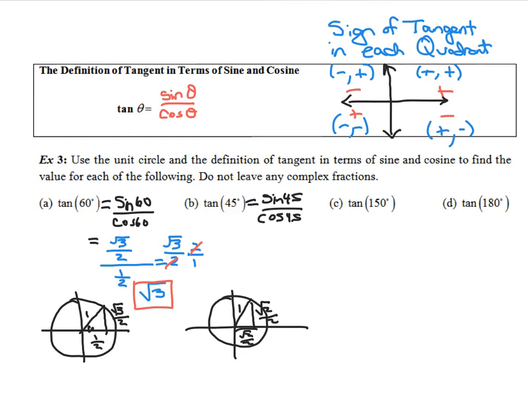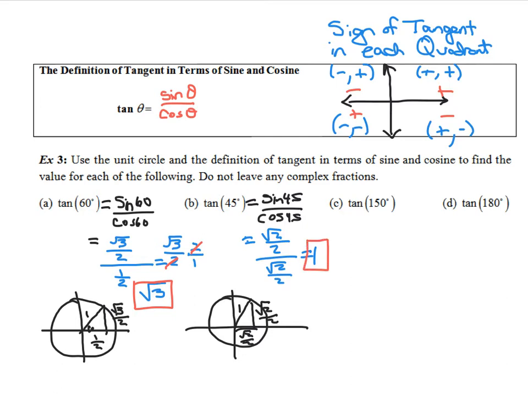So the sine of 45 degrees, radical 2 over 2, divided by the cosine of 45 degrees, also radical 2 over 2. And anytime I divide a number by itself, that's just giving me an answer of 1. So the tangent of 45 degrees is equal to 1.